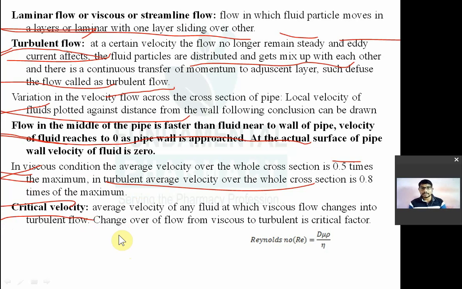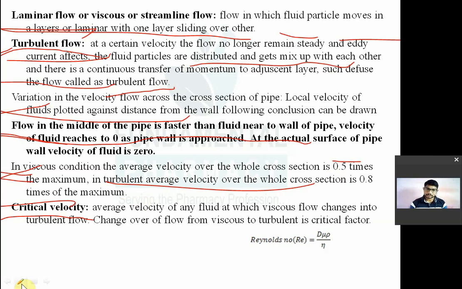So critical velocity means the average velocity of any fluid at which fluid flow changes into turbulent flow. It is nothing but the average velocity of any fluid at which laminar flow changes into turbulent flow. तो जो velocity है the average velocity of any fluid at which viscous flow or streamline flow or laminar flow changes into turbulent flow, that is known as the critical velocity.